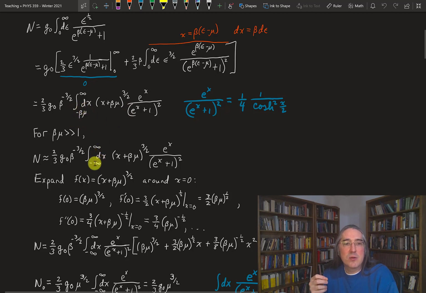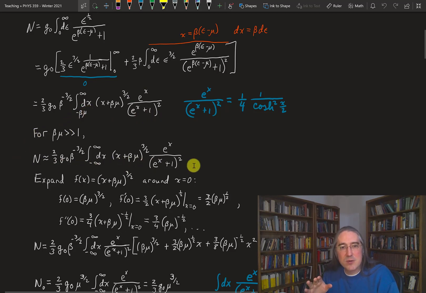We can extend the lower limit to minus infinity, because invariably we would much rather look at a symmetric integral than an asymmetric integral. Good. So that's our second technique. First, we use some physical intuition to realize we want a localized integrand. Second, we use our expansion parameter, 1 over beta mu, to look at the extent of the integrand and appropriately change the limits of integration.